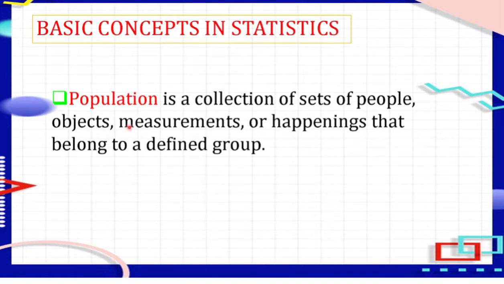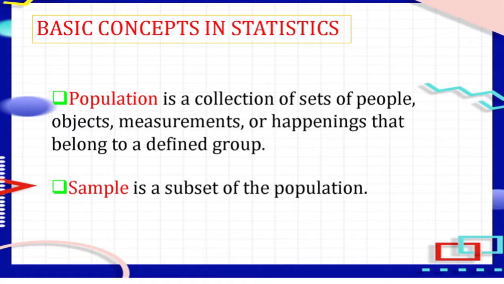This is a collection of sets of people, objects, measurements, or happenings that belong to a defined group. Halimbawa, magkakandak ng isang pag-aaral sa isang school. Ibig sabihin, ang population ng iyong research ay ang enrollment sa isang school.